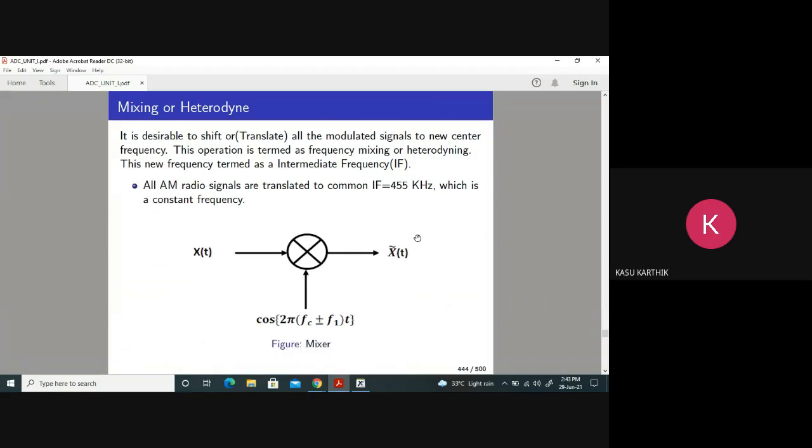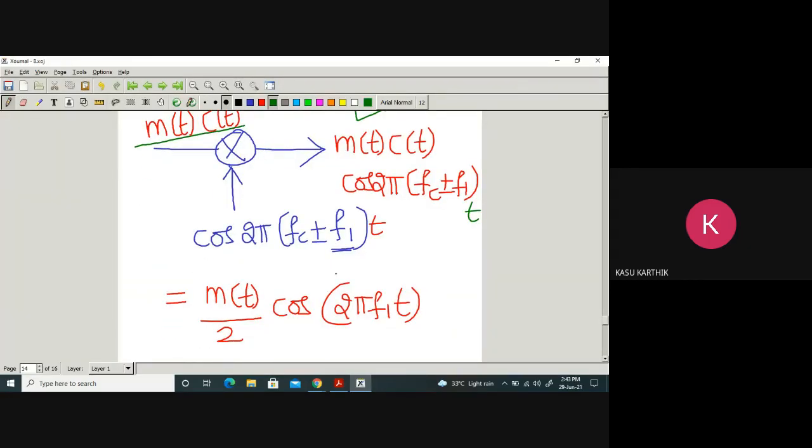Now this multiplying signal is called the local oscillator. LO means local oscillator. So we are again multiplying the already modulated signal with a local oscillator having frequency Fc plus F1 or Fc minus F1.